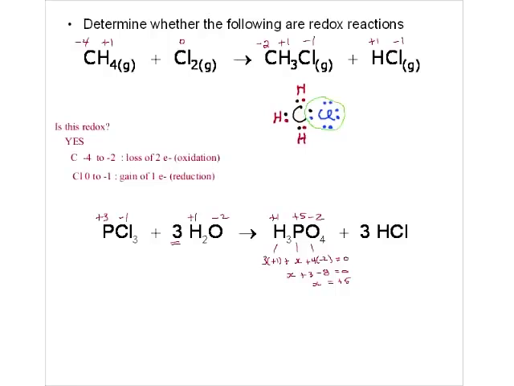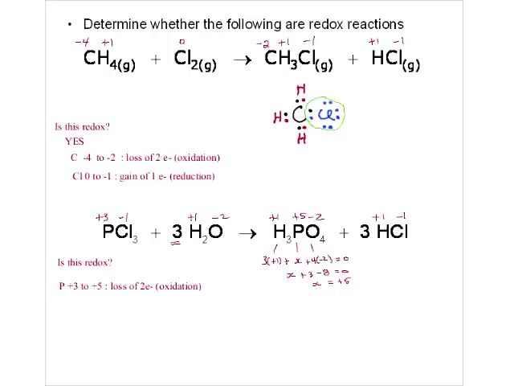Now what we've got to do is see if there's any other changes here. Hydrogen is +1, which makes chlorine -1. Okay, is this redox? And the answer to that is, be very careful. Phosphorus went from +3 to +5, so it was deficient. It had 3 less electrons than it needed. Now it's in a state where it's got 5 less, so it lost 2 electrons.